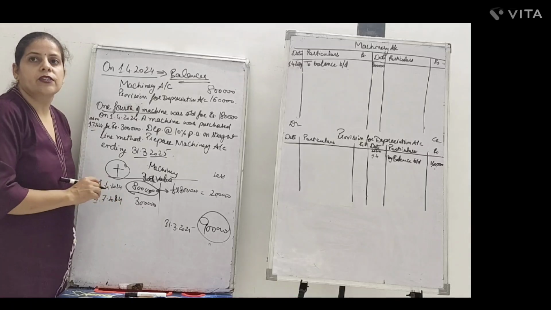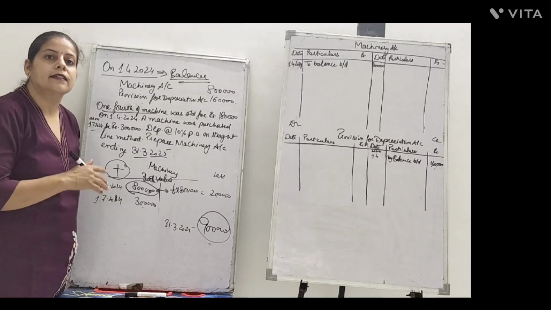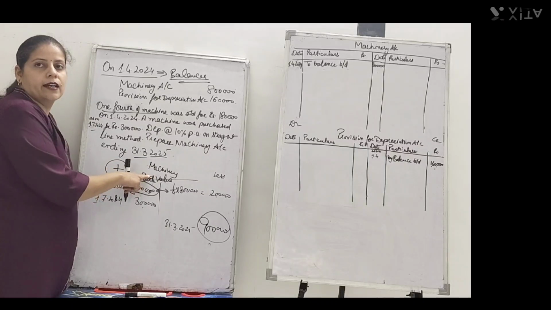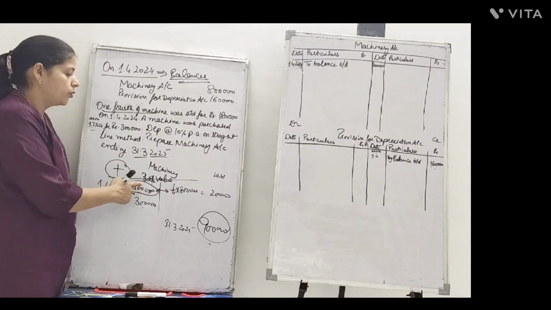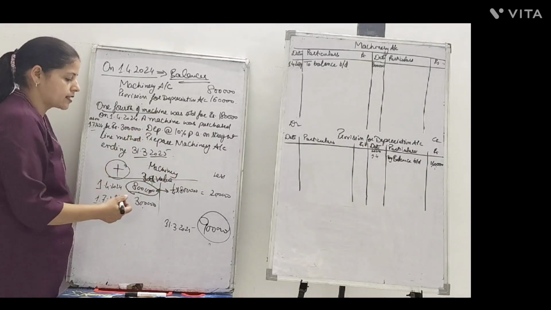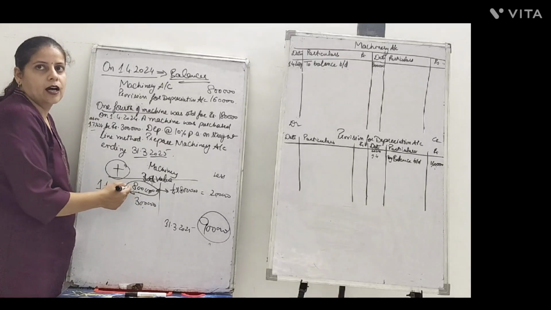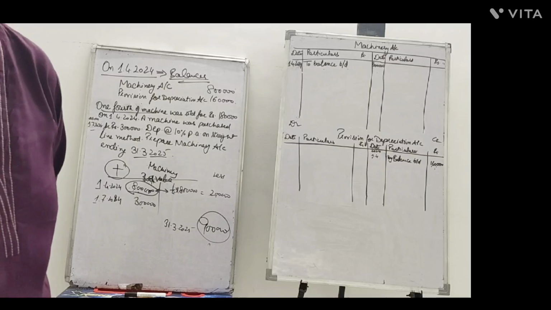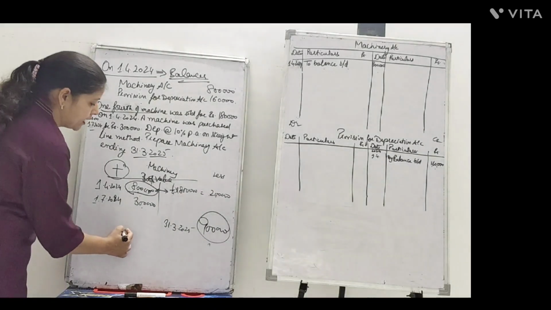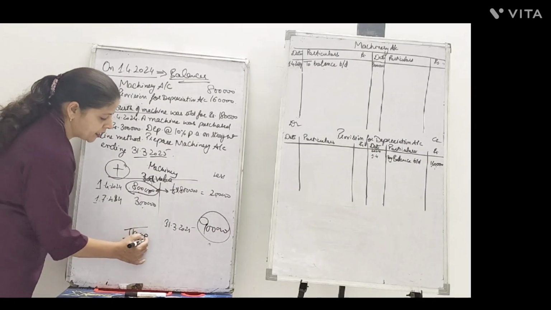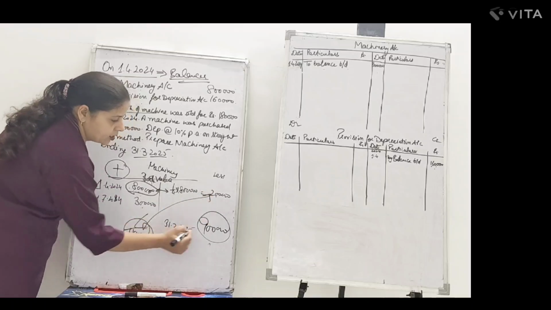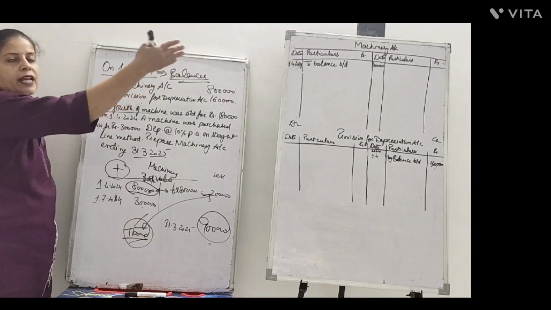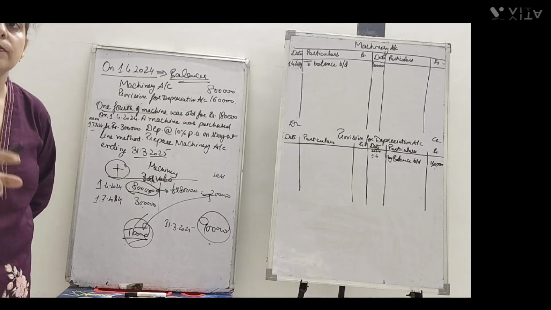In this provision for depreciation method, it is easy to prepare these accounts. How? In the machinery account, you just put your book values for the given dates. The given value is 8 lakh, out of which he sold 2 lakh. He purchased again for rupees 3 lakh. And the balance of the machinery should be 11 lakh minus 2 lakh, that is rupees 9 lakh. So this is the manner we have to adopt here, with a few changes.